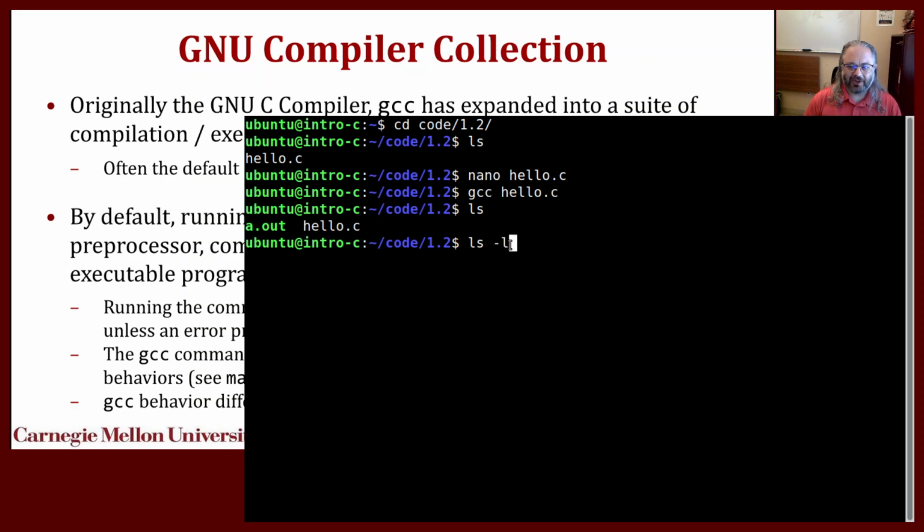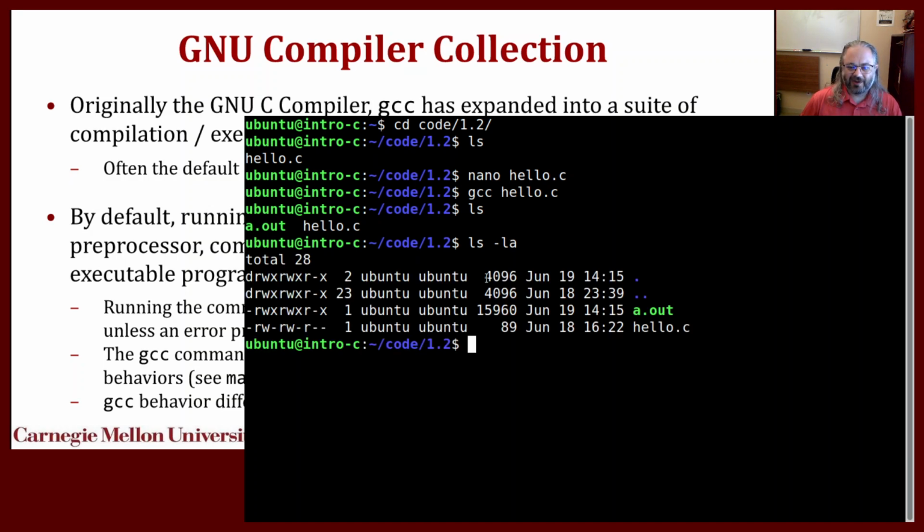If I look at the more detailed listing of my files, I can see that my original source code is 89 bytes. My executable is over 15 kilobytes, and it is in fact marked as executable. So we can see that this is our executable program that was the output.